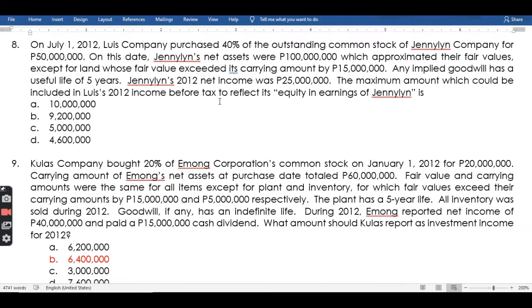Kasi 40% yung in-acquire natin. So that's going to be 40 million. So may excess tayo. Tapos, except for land whose fair value exceeds its carrying amount by 15 million. So, ibig sabihin, 15 million daw yung excess ng land. So, ibig sabihin, merong undervaluation ng land.